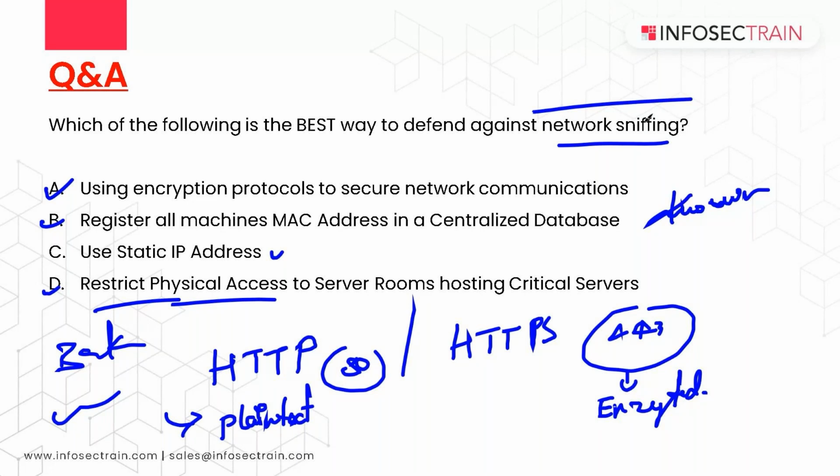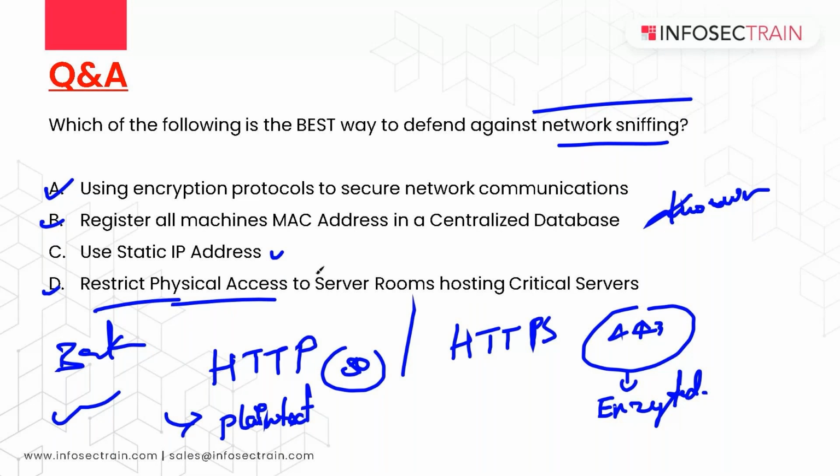It defends against the tampering of our hardware. So if we restrict the physical access, we will be defending against physical attacks, or direct hardware attacks, but not against the sniffing, right?